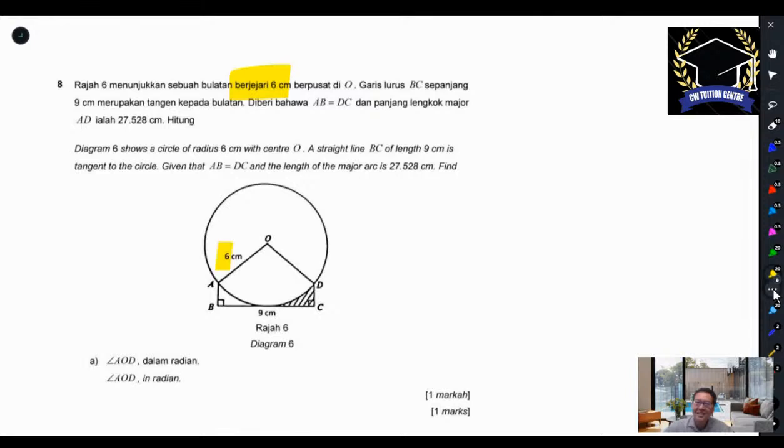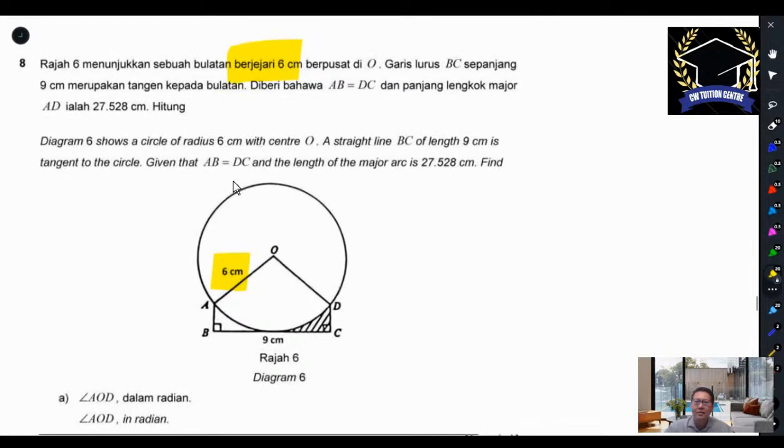Radius 6. Let's zoom in a little bit. BC is 9 cm long. This is tangent.